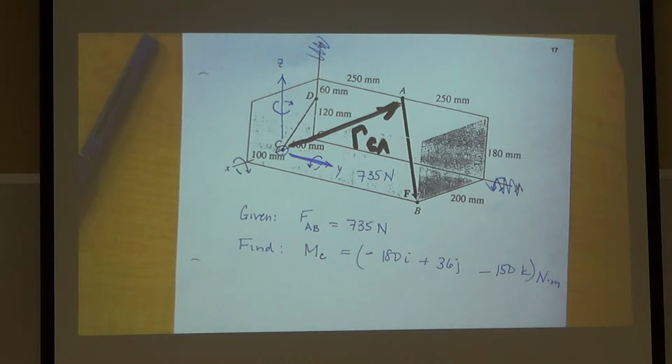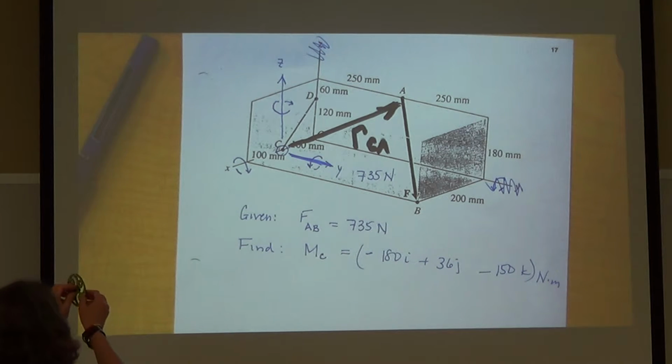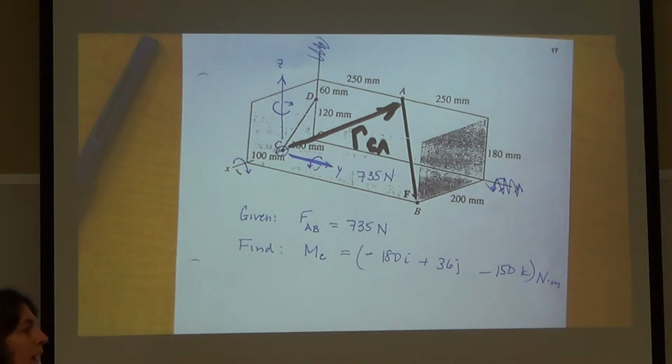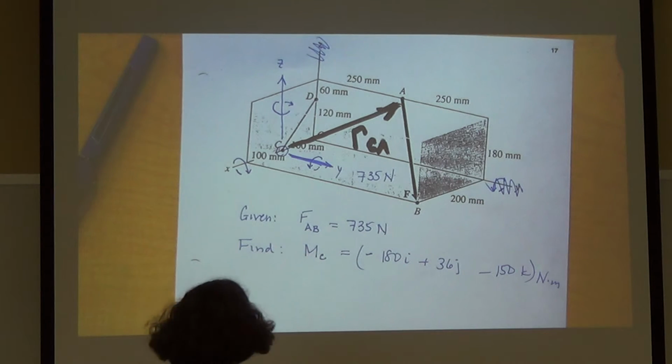Okay, so let's see. If it's spinning like this, and this is spinning like this, and this one's spinning this way. I don't really know, I can't figure it out visually.